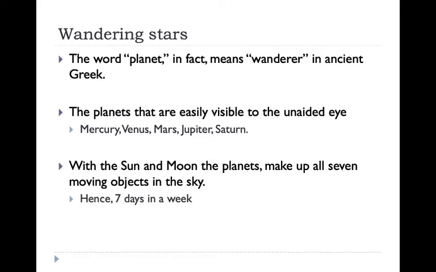So Mercury, Venus, Mars, Jupiter, and Saturn were the stars that were easily visible with the naked eye. Those five, in addition to the sun and the moon, make up 7, and that's where we get the 7 days of the week. So Sunday, the sun, that's fairly simple, but something like Viernes, Friday, is named for Venus.